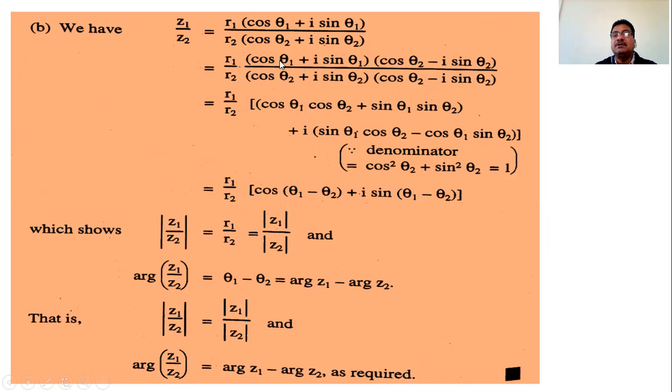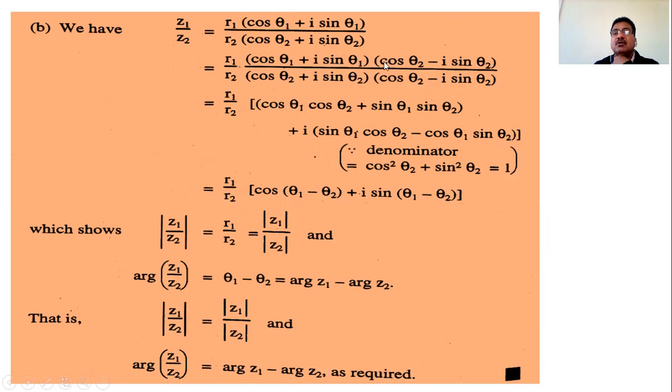Then the multiplication of these two terms, we have four terms. What are they? Cos theta 1 cos theta 2, then minus I cos theta 1 sin theta 2, then plus I sin theta 1 cos theta 2, and the last term is minus I square sin theta 1 sin theta 2. Then write minus that I square as minus 1.